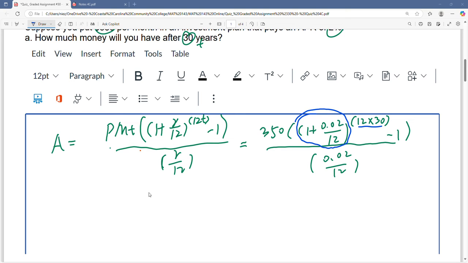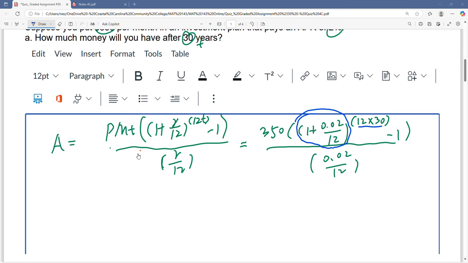Okay, so here let's type 350 times, parentheses, 2 parentheses. Click parentheses, do not forget the parentheses. And then 1 plus 0.02 divided by 12, with parentheses, then to the power of 12 times, use this key to the power, with parentheses, 12 since it's 12 times 30.